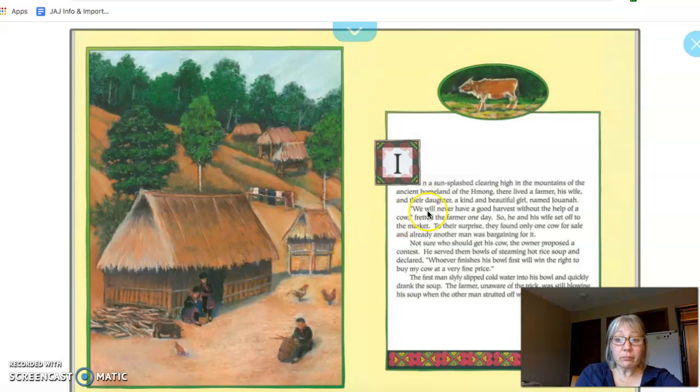But the other thing that I know is that in the text, it says that they are looking to have a good harvest but they are worried that they won't be able to do it without a good cow. So when they're talking about a harvest, that's usually late in the summer. So I think that this story is taking place a long time ago and in the summer.